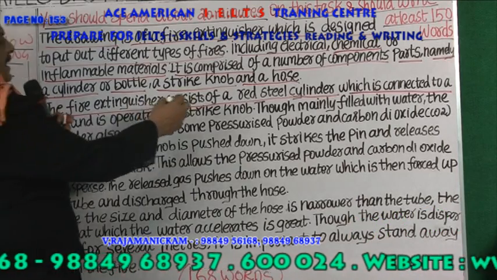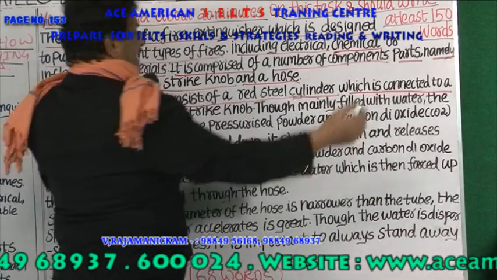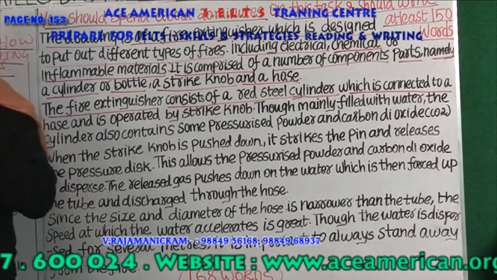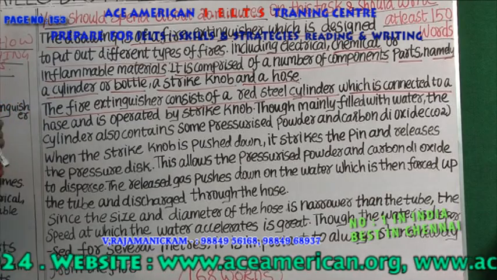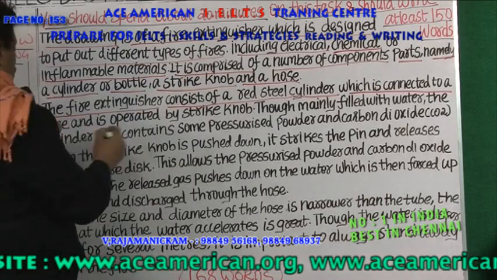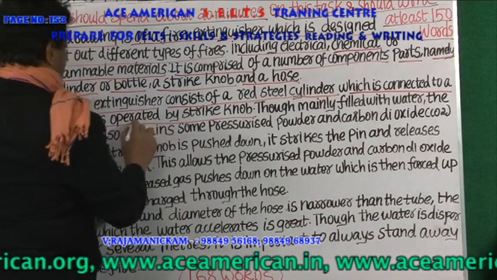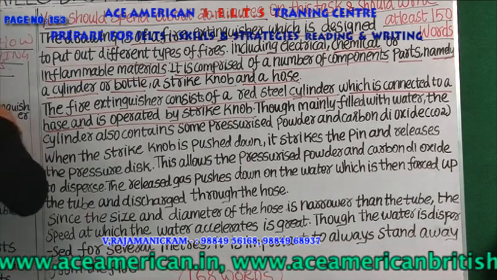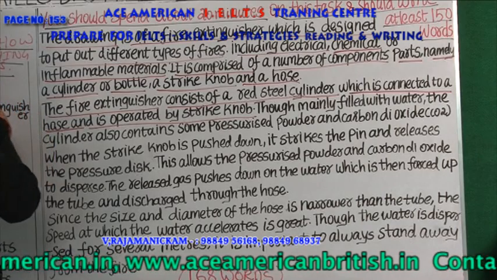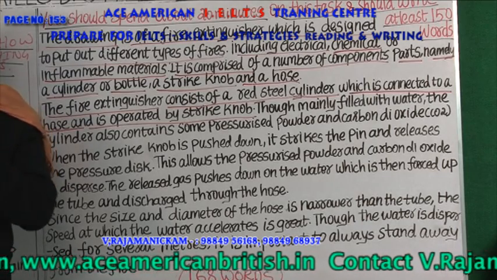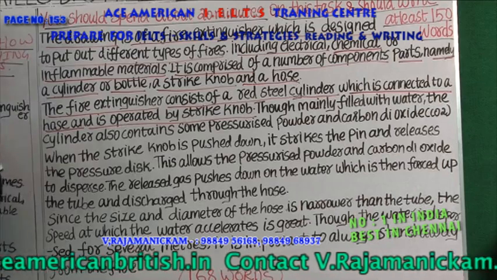Which is connected, is connected is a passive voice sentence. Is connected to a hose and is operated by a strike knob. Is operated, once again a passive voice sentence. So, whenever you go in for a description of a process, you use passive voice sentences.